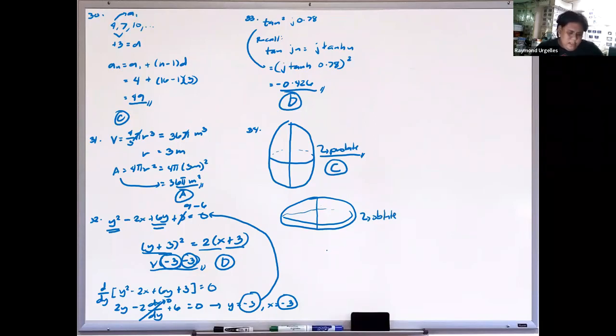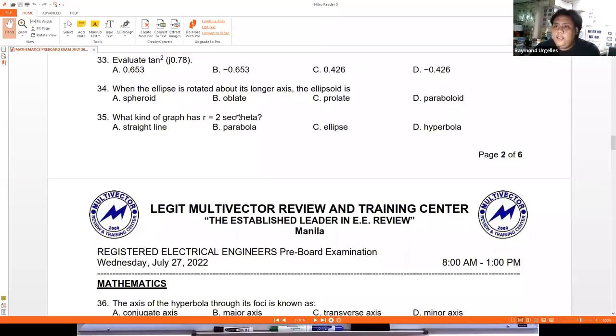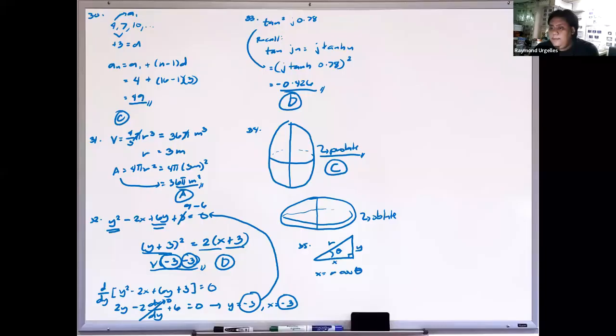Okay? 35. So now, pagdating sa conversion ng rectangular sa polar system, ito lang tatandaan nyo: this is R, this is X, this is Y, this is theta. So ito lang tatandaan nyo itong triangle na to. So from here, makikita natin na X is equal to R cosine theta. So that's why, doon sa given sa atin dito sa number 35, R is equal to 2 secant theta.